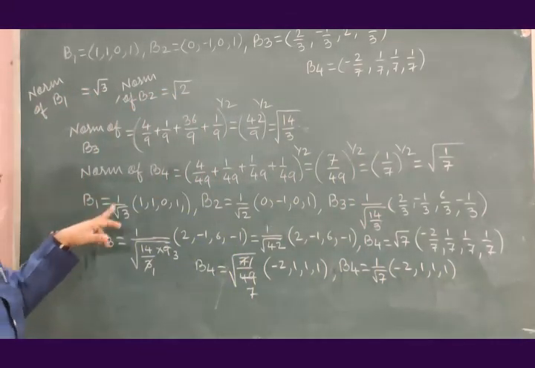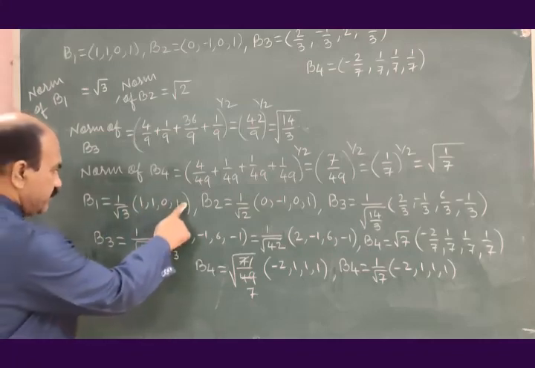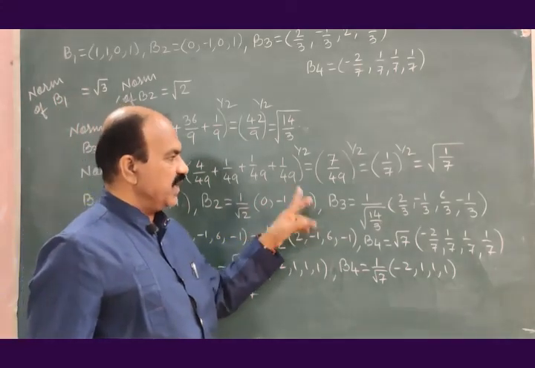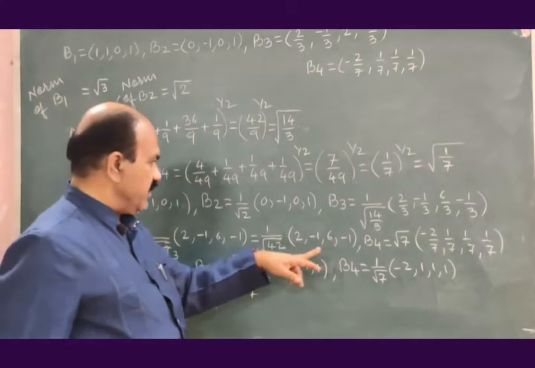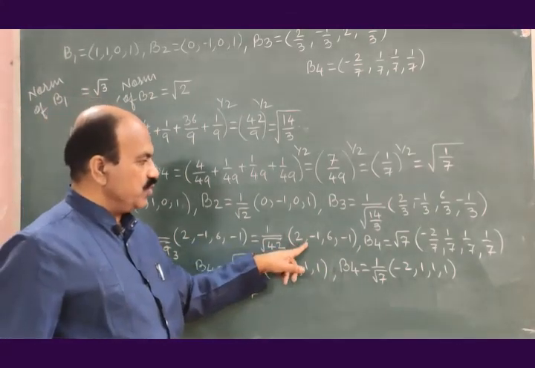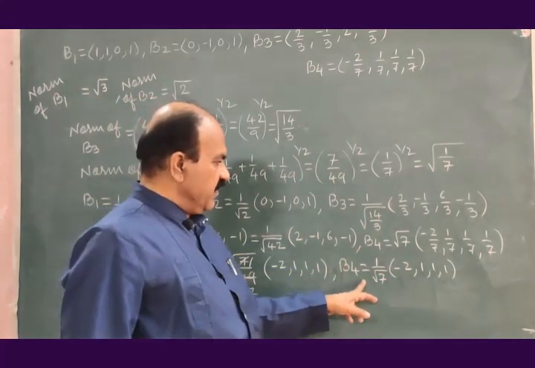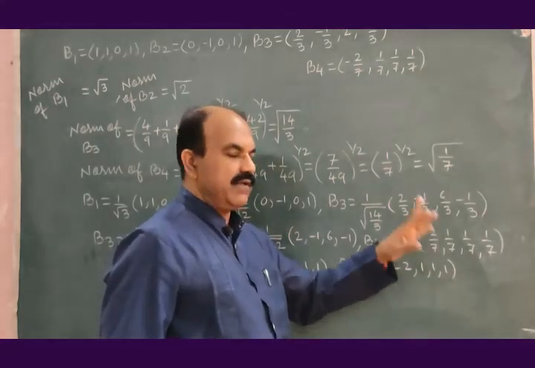B1 is 1 by square root of 3 into (1, 1, 0, 1). B2 is 1 by root 2 into (0, minus 1, 0, 1). B3 is 1 by square root of 42 into (2, minus 1, 6, minus 1). Finally B4 is 1 by square root of 7 into (minus 2, 1, 1, 1).